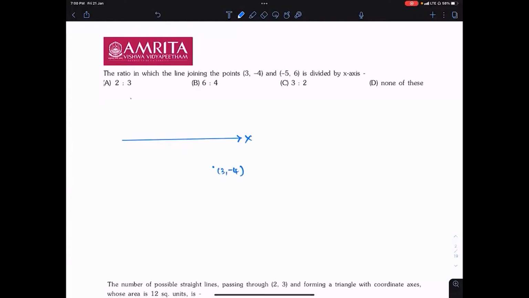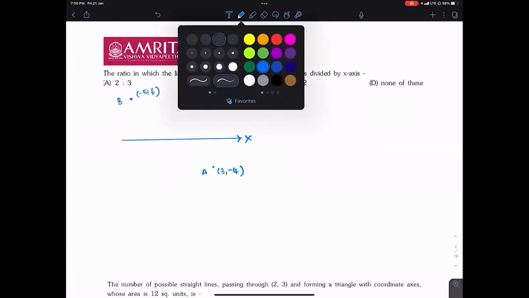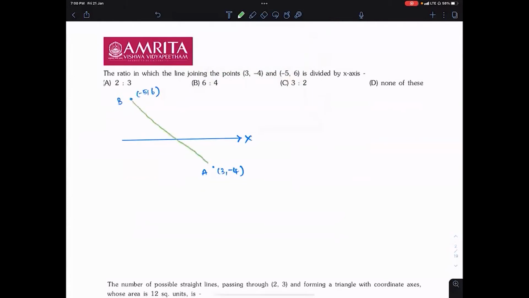And minus 5 comma 6. So this is the first point, this is the second point. Now if you join these 2 points, the x-axis is dividing them in some ratio, A and B. They are asking what will be PA by PB.